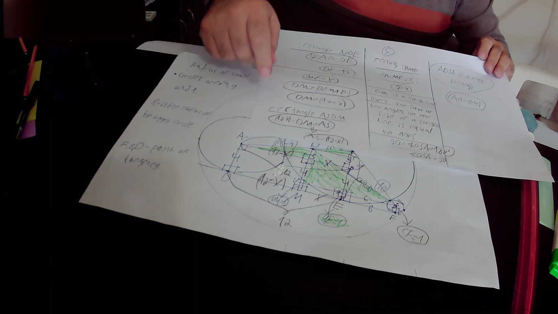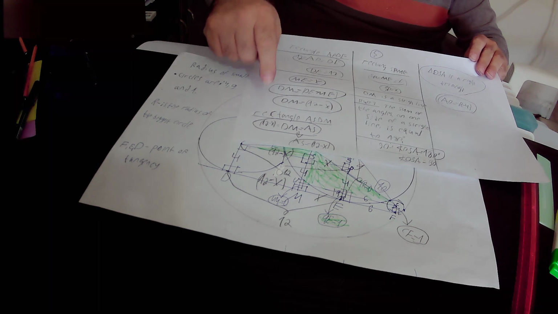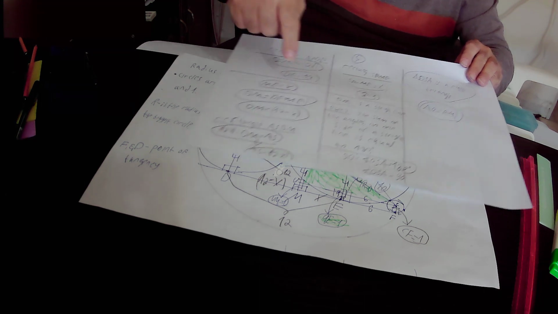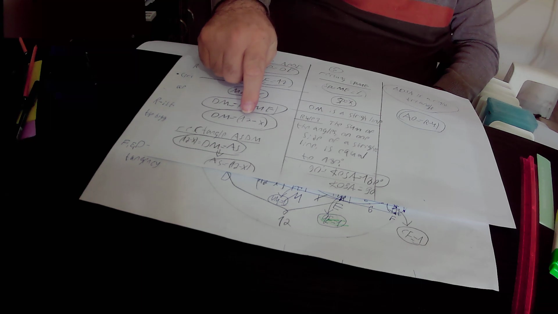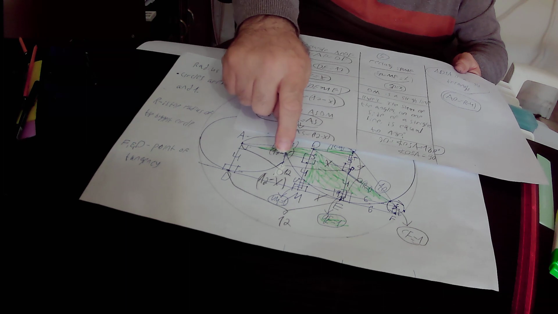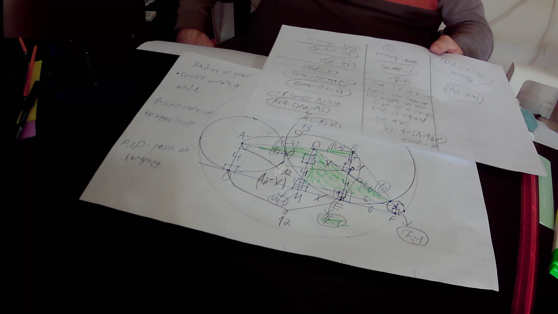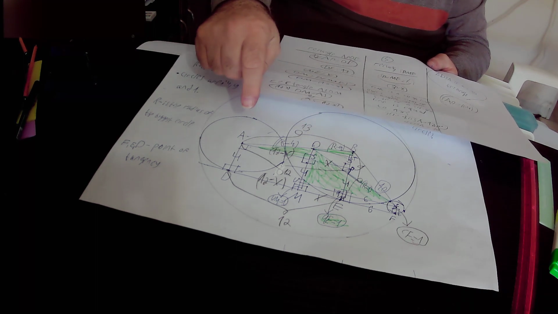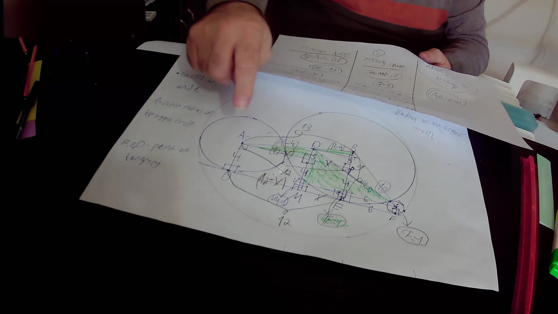Then we defined ME as x. And then what is the value of DM? It is very easy to see that DM equals DE minus ME. DM equals DE, that is 12 units, minus ME, that is x. So in conclusion, we found out that DM equals 12 minus x. Then we know that ASDM is a rectangle, and the opposite sides of a rectangle are equal to each other.